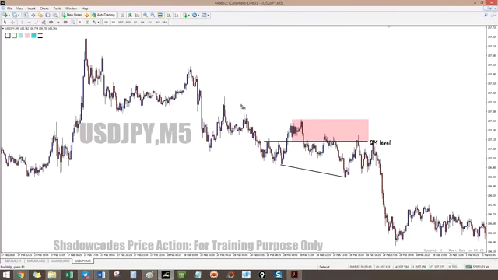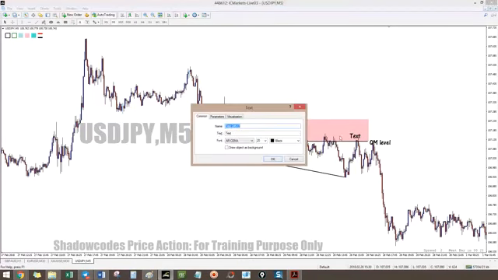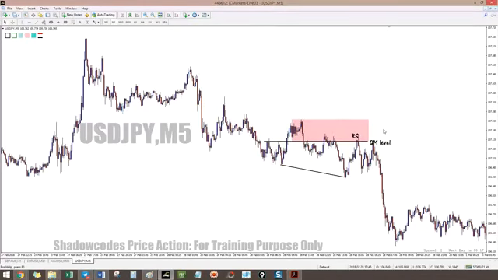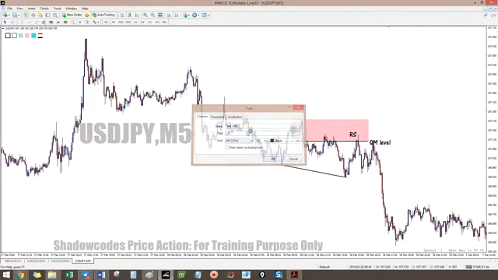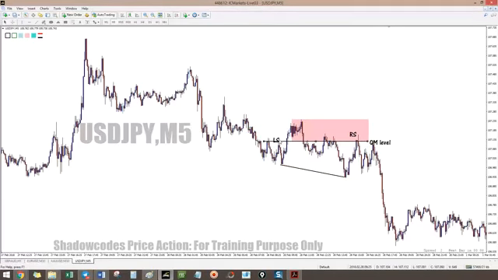This will be our RS over here. RS. Our high or left shoulder, LS. And this is our head.